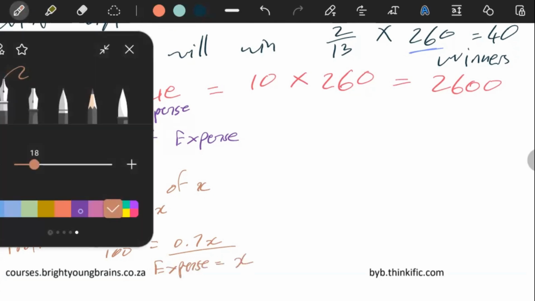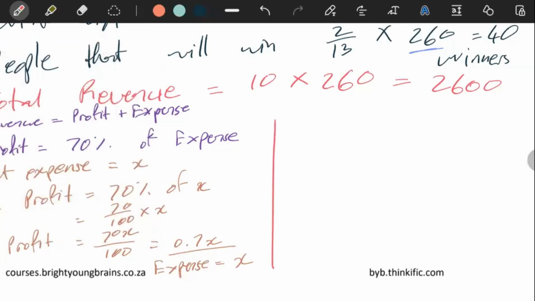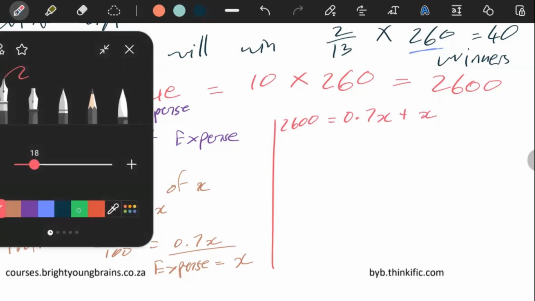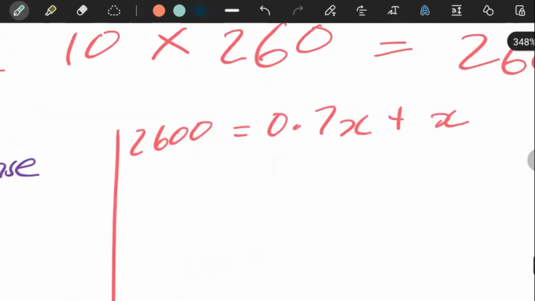So this will help us in our calculations because what we know is that 2,600 is equal to the profit plus the expense. That's the formula we're using.